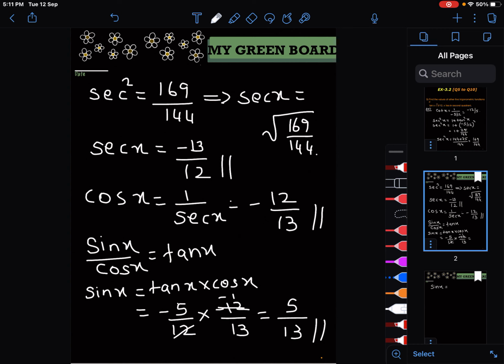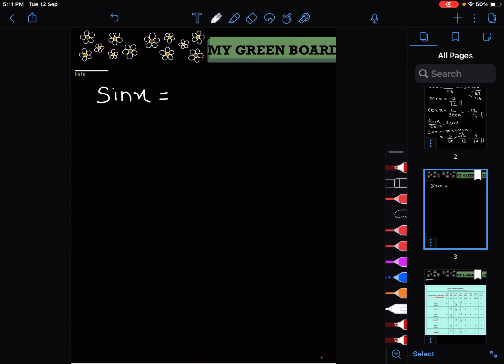This is the value of your sin x, plus 5 by 13. We know they are asking that x lies in the second quadrant. In the second quadrant, sine and cosec are positive.